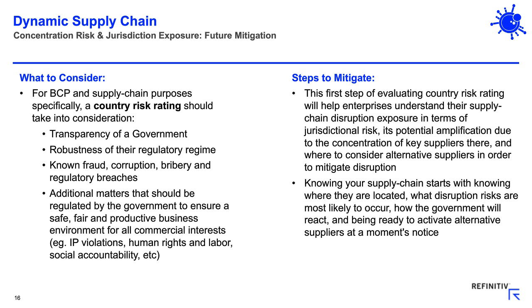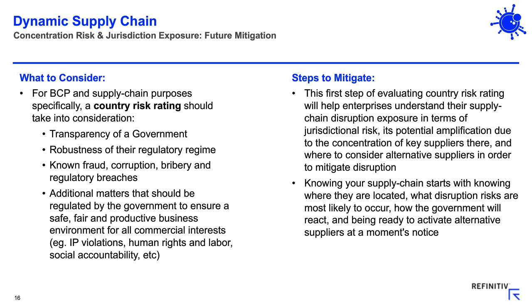Additional matters you should consider when looking at a specific jurisdiction and its government, which determines the business environment, are whether they are ensuring a fair and productive business environment for all commercial interests. You should also consider their social responsibility: human rights and labor, social accountability, IP violations.